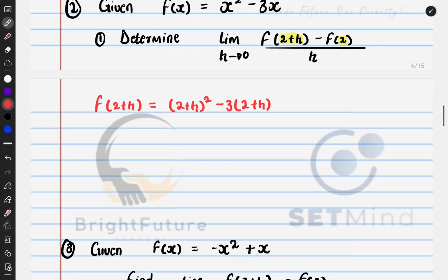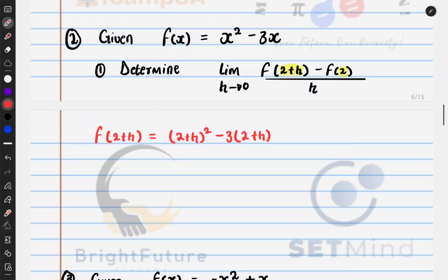So therefore we're going to have 2 squared, which is 4, plus 2 times h, which is 4h, plus h squared minus 6 minus 3h.